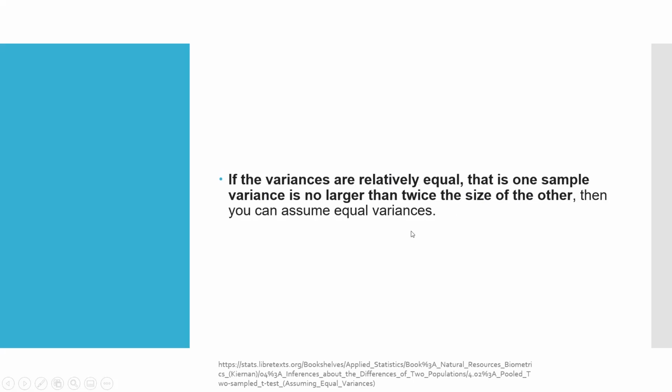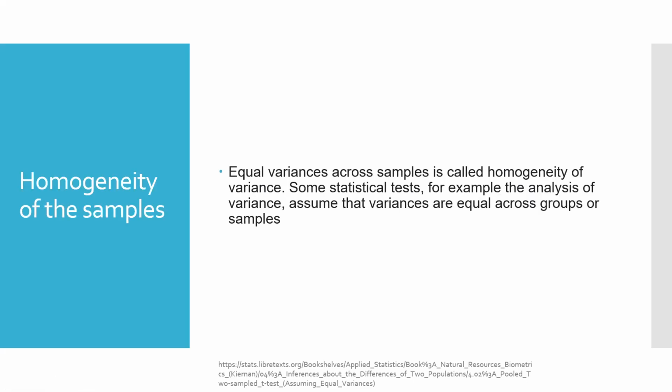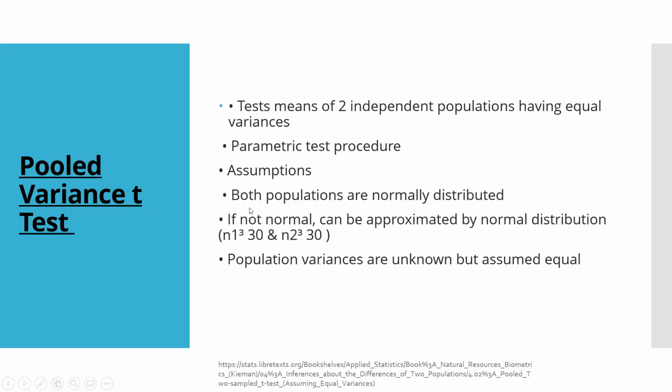So there are two scenarios when we are testing the hypothesis for two samples: with equal variances and with unequal variances. For equal variances, the difference must not be twice the size of the other between the two variances. Equal variances is also known as homogeneity of variances, so a statistical test, for example the analysis of variance, assumes that variances are equal across the groups and samples.